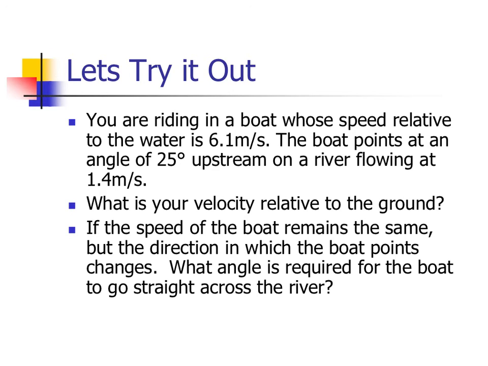First thing we need to solve for is the velocity, the speed relative to the ground. And if the speed of the boat remains the same, 6.1 meters per second, but the direction in which the boat points changes, what angle is required for the boat to move directly across the river?